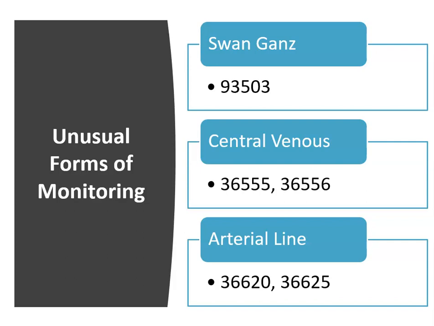Now, there are some services, however, that are not covered under the anesthesia services, and those are called unusual forms of monitoring. And unusual forms of monitoring, if they are provided by the anesthesiologist, that anesthesiologist or certified registered nurse anesthetist can actually bill separately for that service.